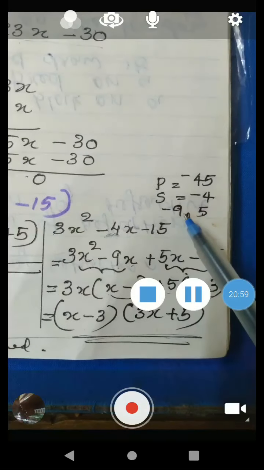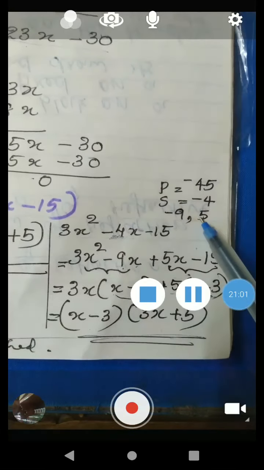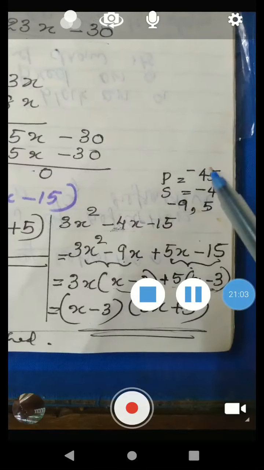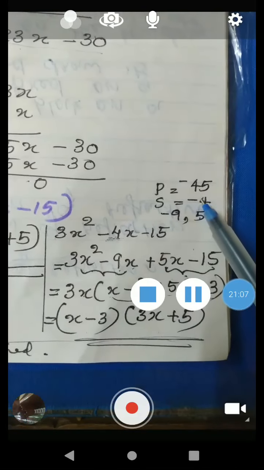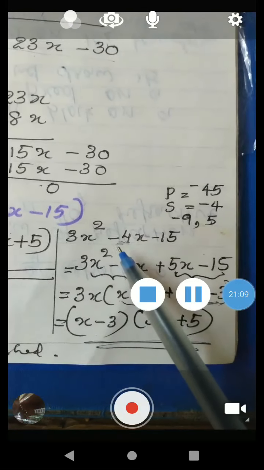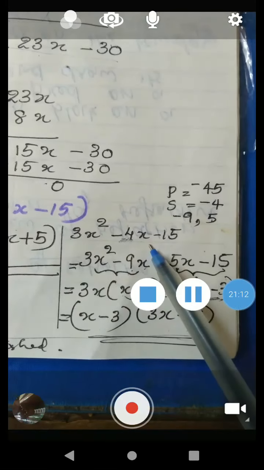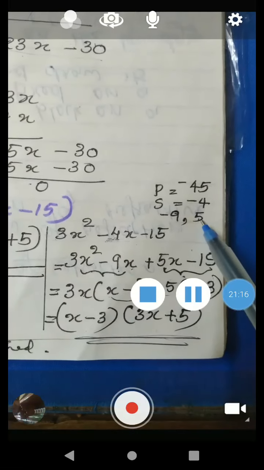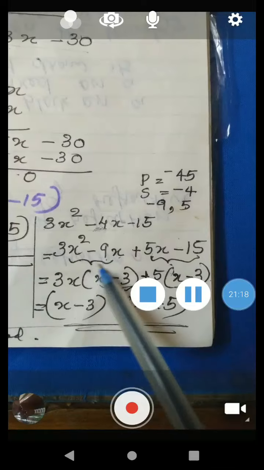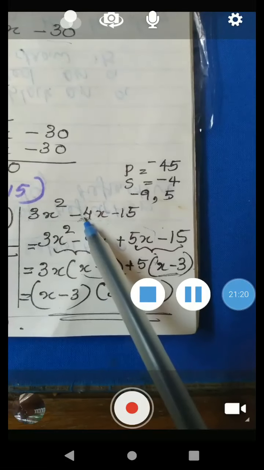They are minus 9 and 5. Product minus 9 into 5 is minus 45. Minus 9 plus 5 is minus 4. Right? Therefore, split the middle term. Minus 4x can be written as minus 9x plus 5x.